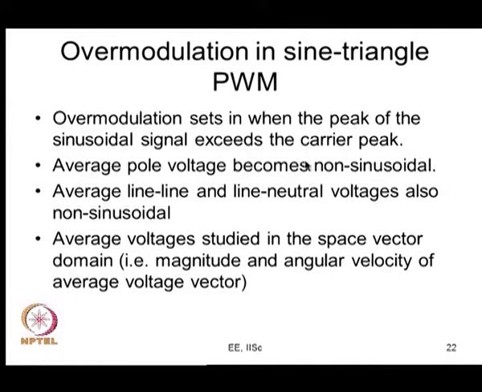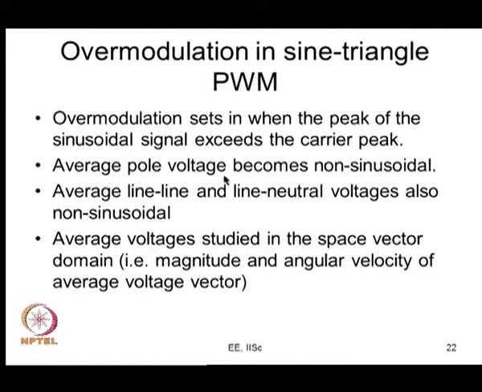Whenever it goes above V peak, average pole voltage will be clipped to plus VDC by 2. Similarly, when the modulating signal goes below minus V peak, this will be clipped to minus VDC by 2. So, a peak clipped sinusoidal waveform is certainly not sinusoidal, it has low frequency harmonics, it will have third, fifth, seventh and what not. So, you would expect your average pole voltage to be non-sinusoidal.